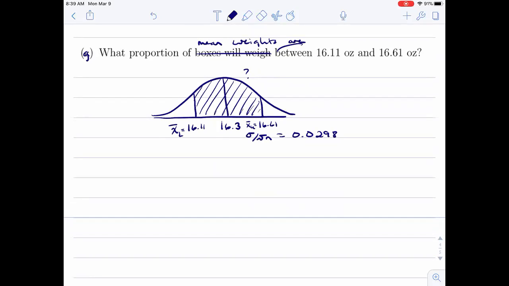You don't have to label them like that, but because I'm going to be calculating two z-scores here, it's easier if I label them somehow. So z for my lower is going to be x bar lower minus mu over sigma over root n in general.